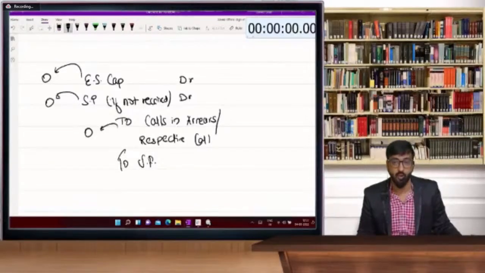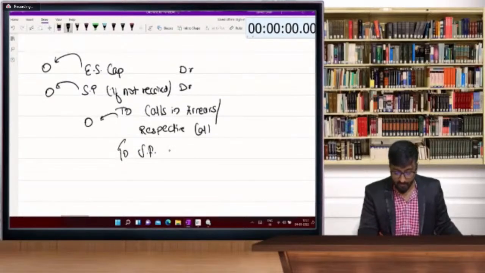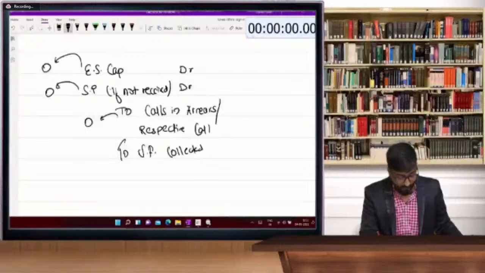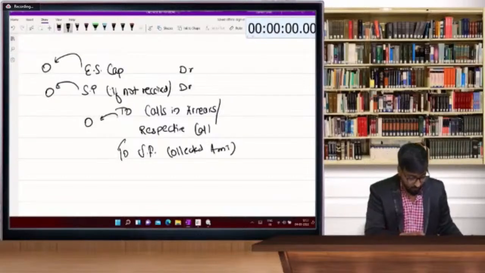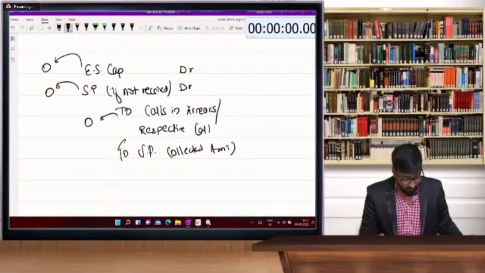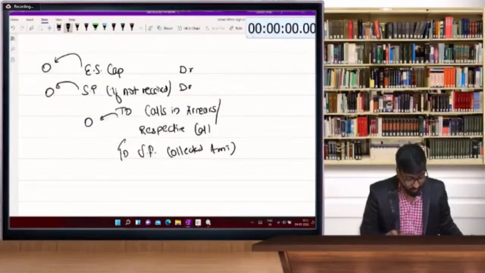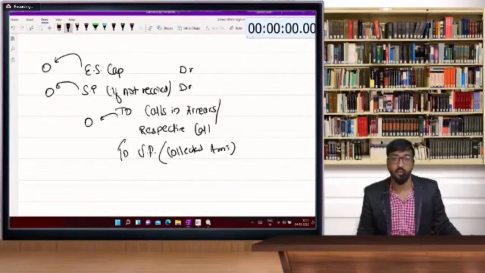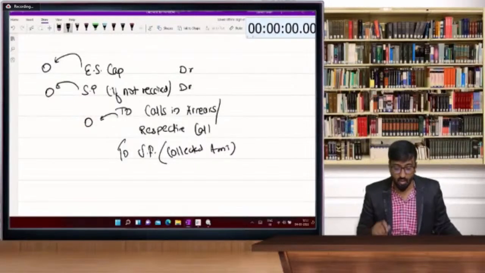Shares forfeited, we have to give debit. And this is a collected amount. Yes, beta, you are correct, Yashoda ji. Collected amount. Easy? Now understand.